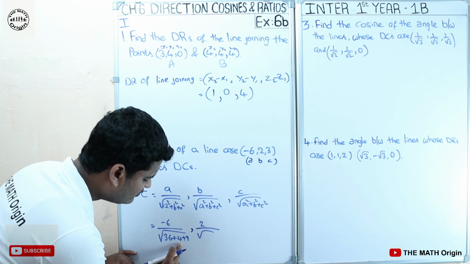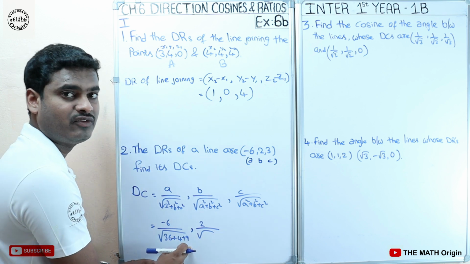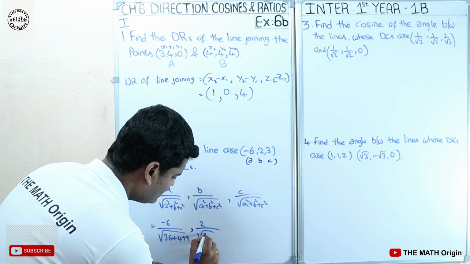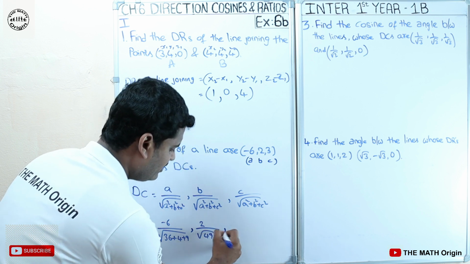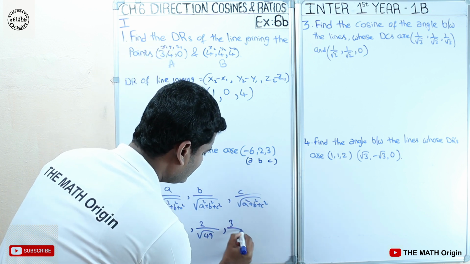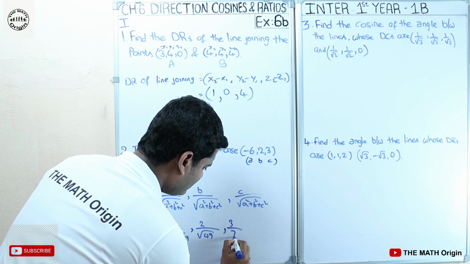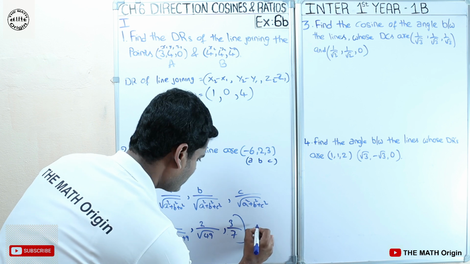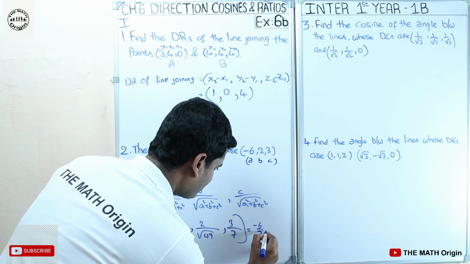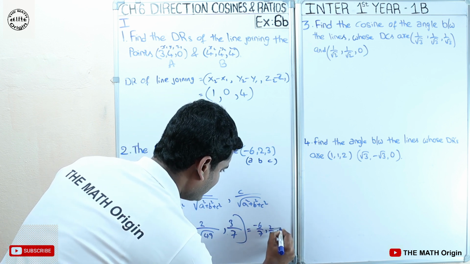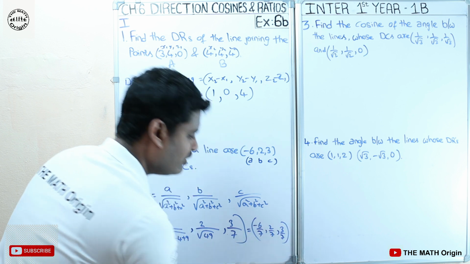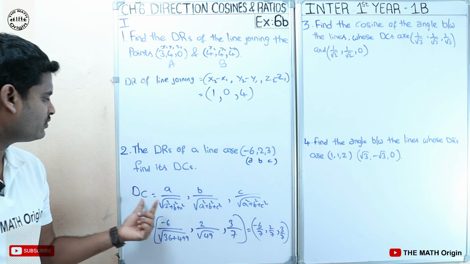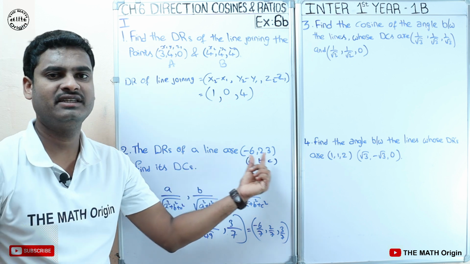The value is 36 plus 4 is 40, 40 plus 9 is 49. Root 49 is 7. Therefore the last value is 3 by 7. The final answer is -6 by 7, 2 by 7 and 3 by 7. This is the direction cosine for the given direction ratio.